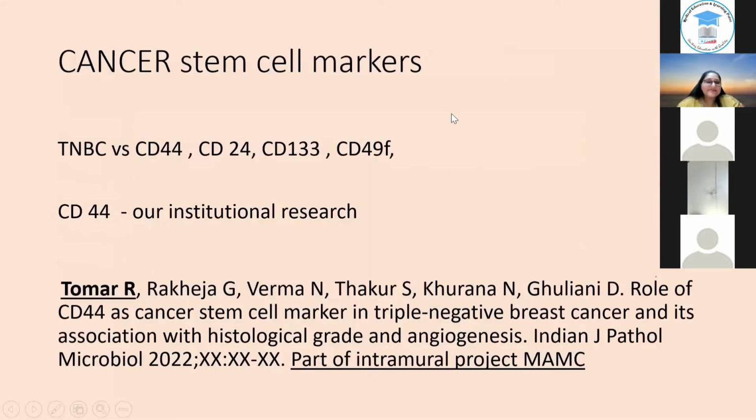So cancer stem cell markers and CD44, I'm talking about in detail about our institutional research. This is a part of an intramural project in MAMC where I was the principal investigator. And this manuscript is already accepted in IJPM.